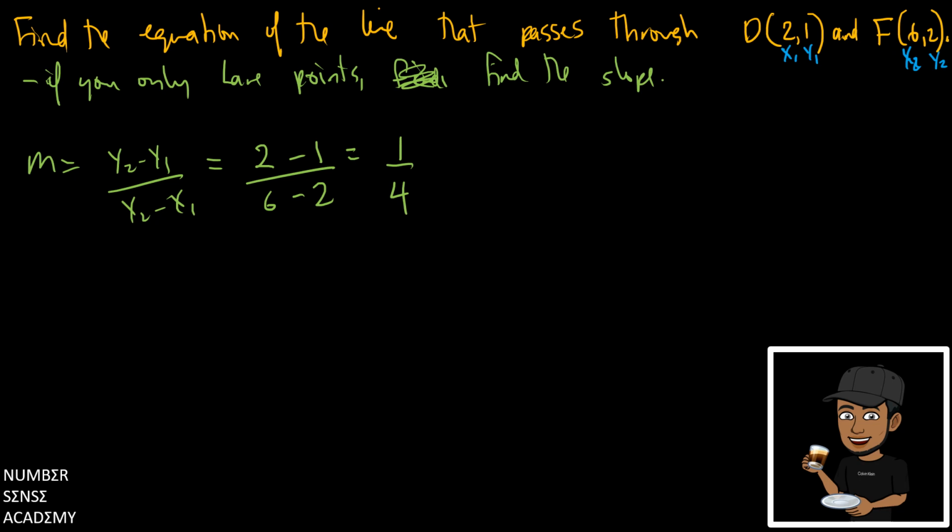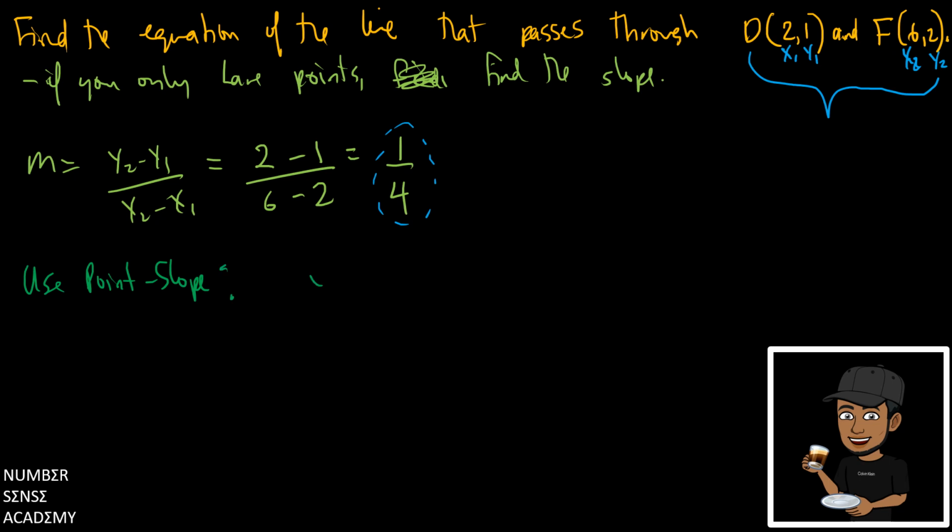Okay, so now what do we have? If we go back to the previous example, we have a couple points here, and we have the slope. So now we use the point slope equation. All right, so let's do that.